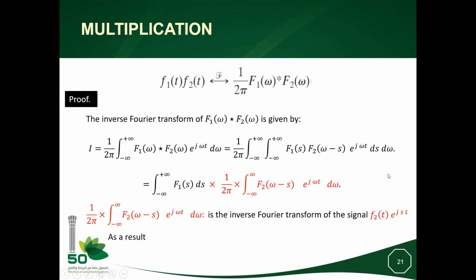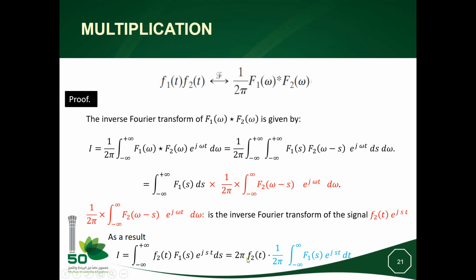As a result, we can write the integral I, which is an inverse Fourier transform of F1 convolution F2. So I can take f2 outside the integral because I am integrating now with respect to s.